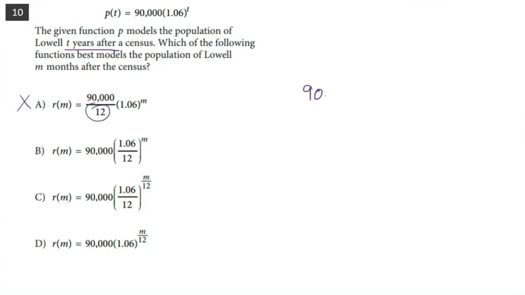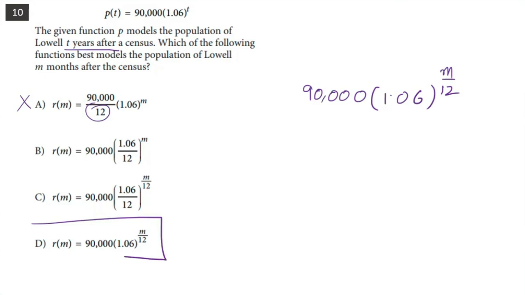We know it's 90,000 and 1.06. So if you try to convert this, how many months are in a year? A month is 1/12 of a year. So m divided by 12 should be your answer. So D is the correct answer. You can clearly see that in each of the other options, the 12 is in the wrong place. So ballpark these and D is the correct answer.